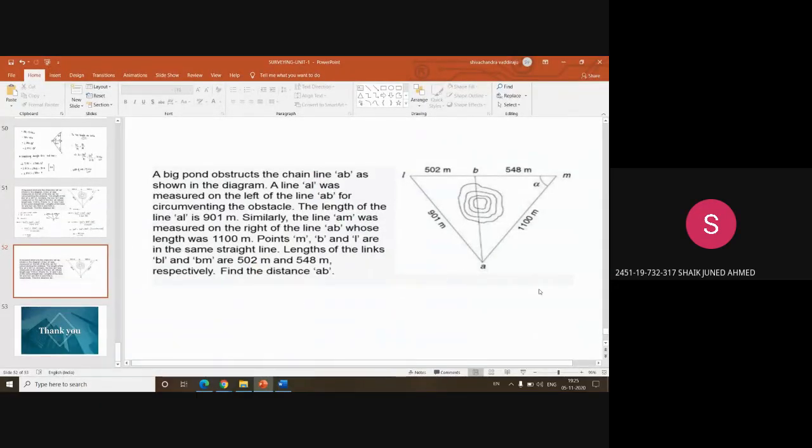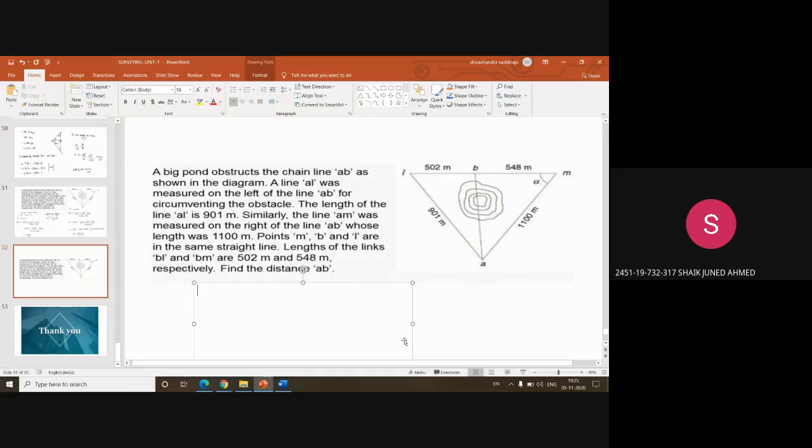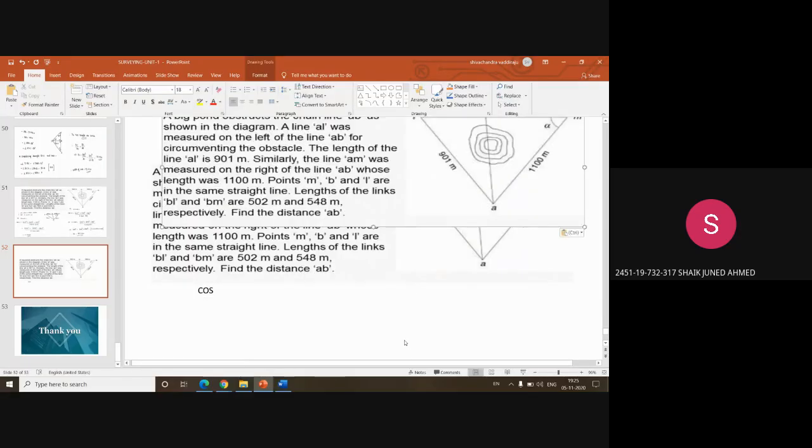Square minus 901 square by 2 into 1100, 2 into 1100 into 1050, sir.